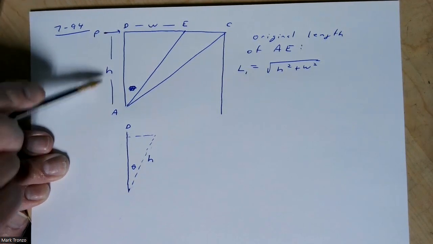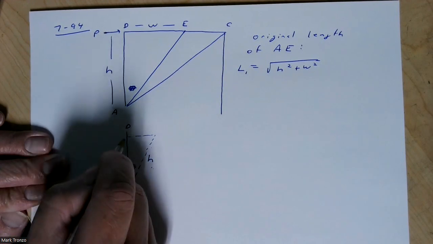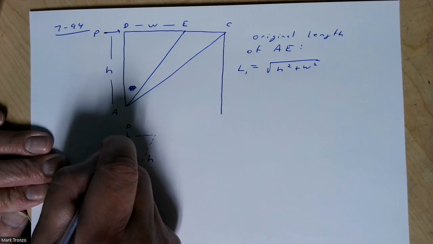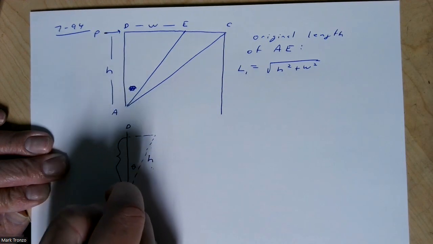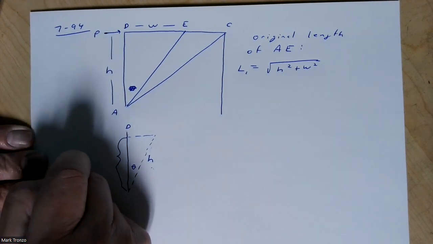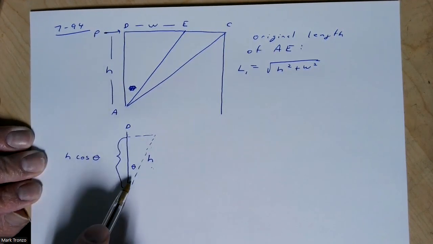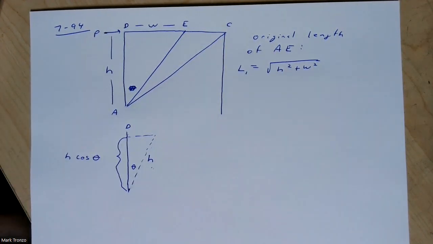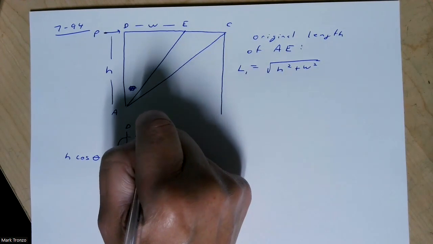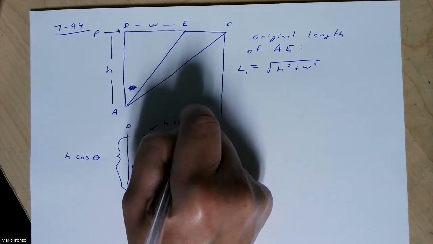That length is not going to change. So it's still whatever you're given on that problem. That'll be your H. But then this side over here is going to be H cos theta, whatever theta you were given. Up here, this is going to be H sine theta.